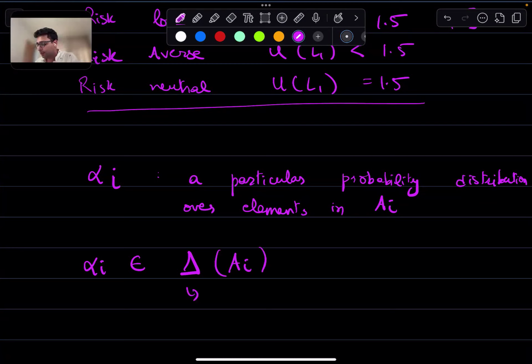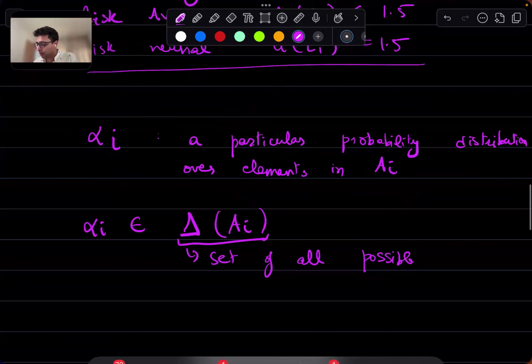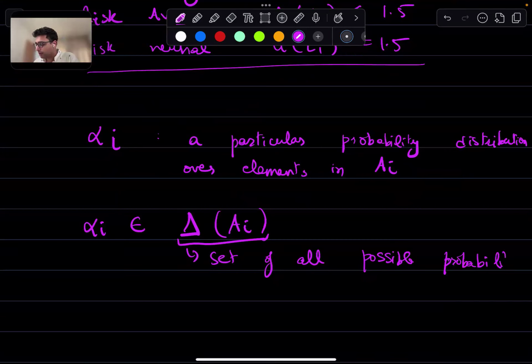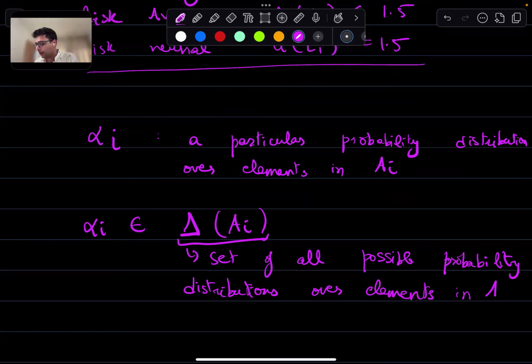where this whole delta A i is the set of all possible probability distributions over elements in A i, right?